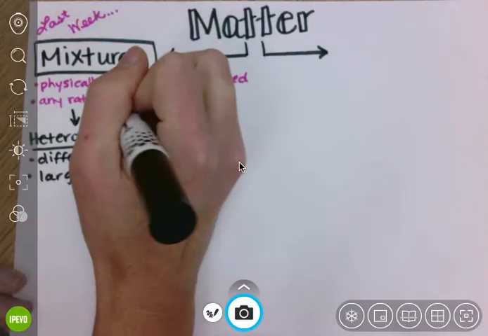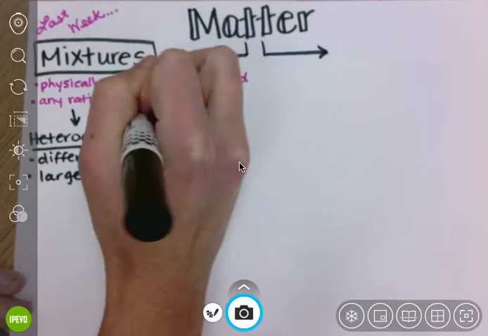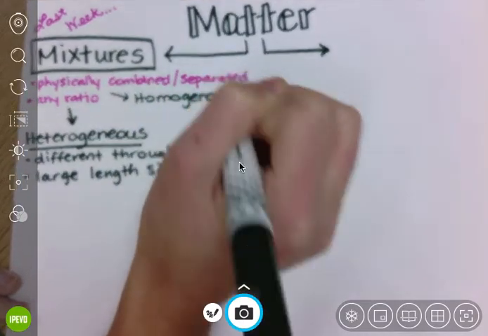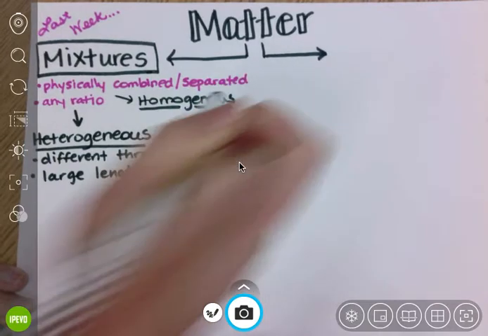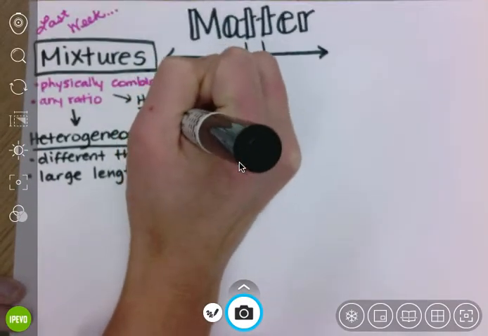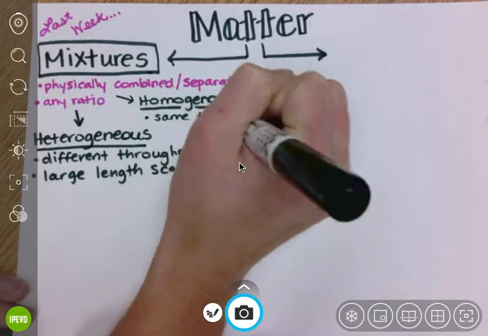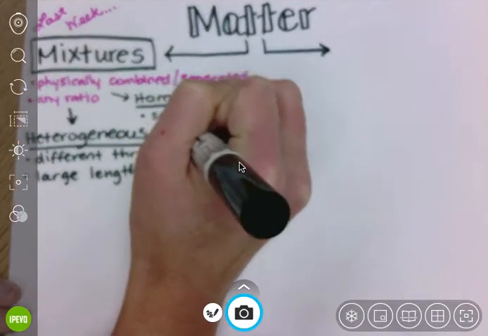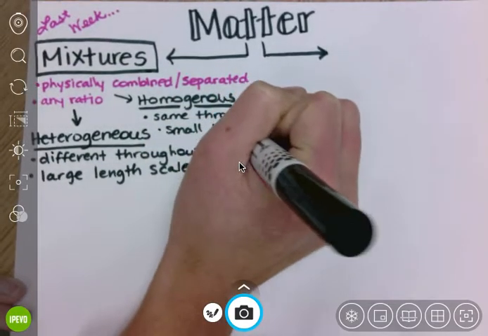Then our other type of mixture that we talked about was homogeneous, or homogeneous if you want to pretend like you're sounding extra fancy, right? And so homogeneous meant that it was the same throughout, so that it had a small length scale.